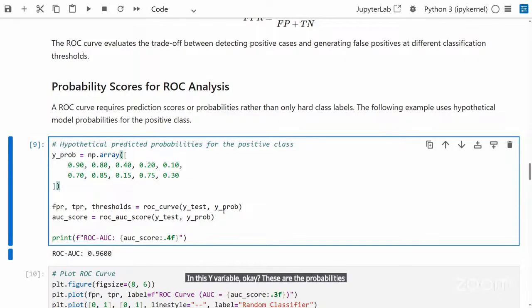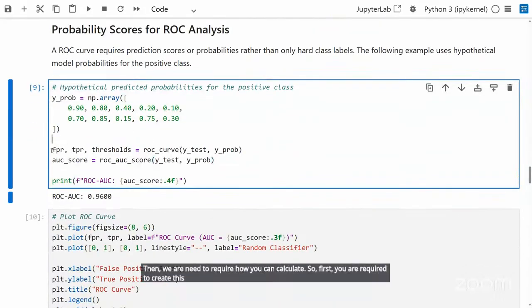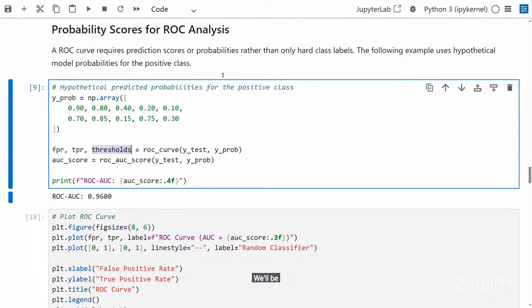Then how you can calculate: first you are required to create this array. Then you will apply FPR, TPR, these two values are required, and the threshold will be there because these values are calculated on the basis of the threshold. Okay, so this is the method how you can calculate these values.